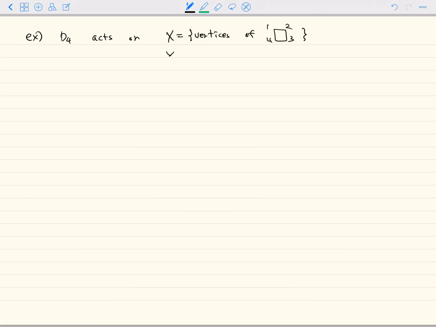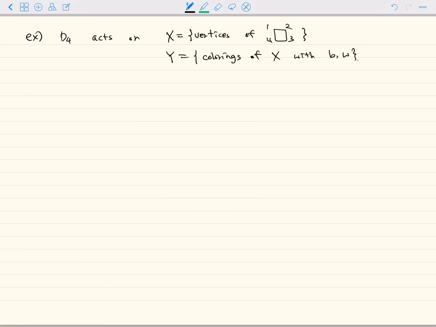And Y is colorings of X using black and white.